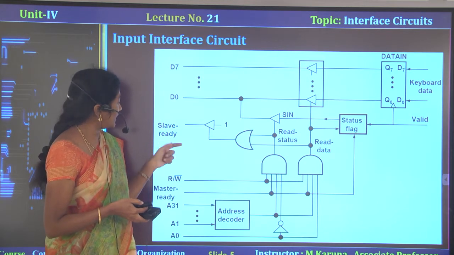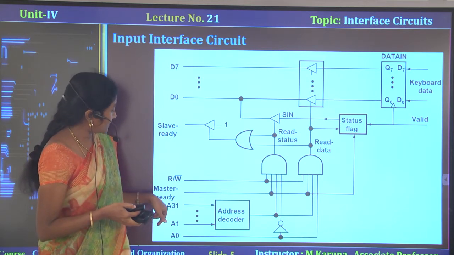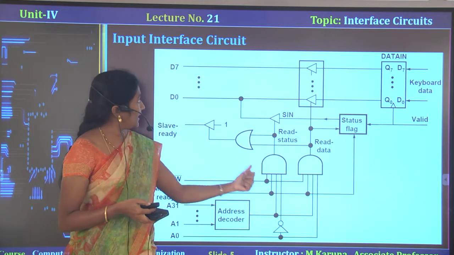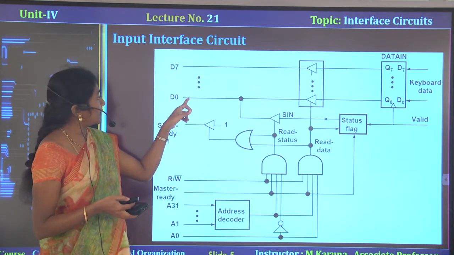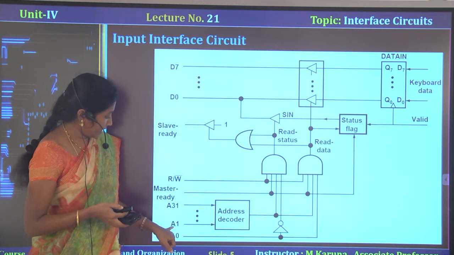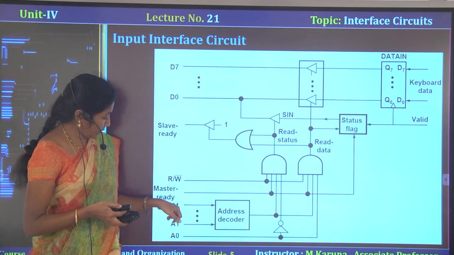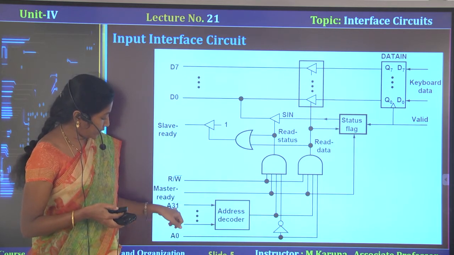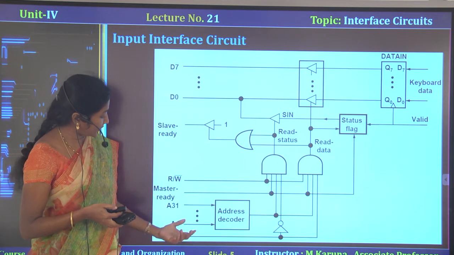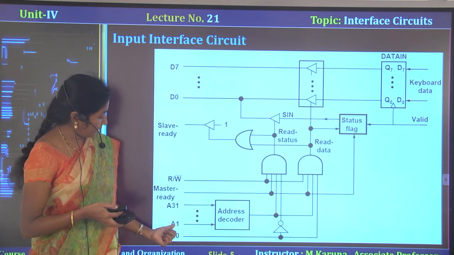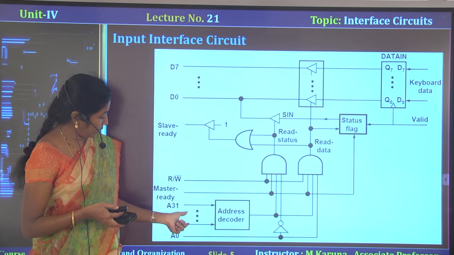Handshake signals are slave ready, master ready and the read/write signal. Data lines are D0 to D7, and address lines are A1 to A31, meaning 32 address lines are used to recognize the addressed device.